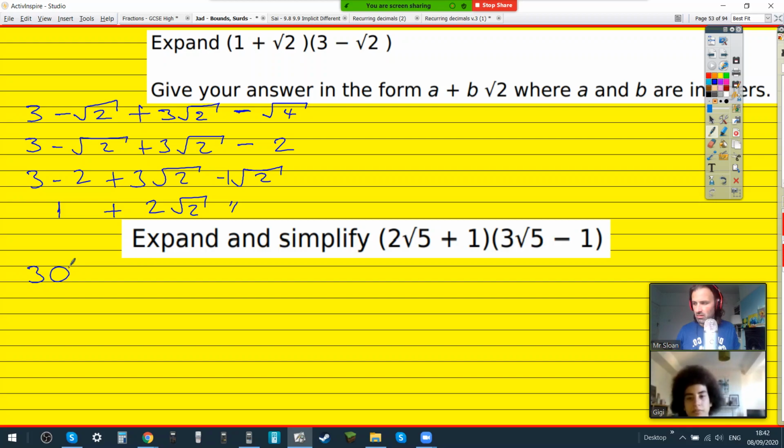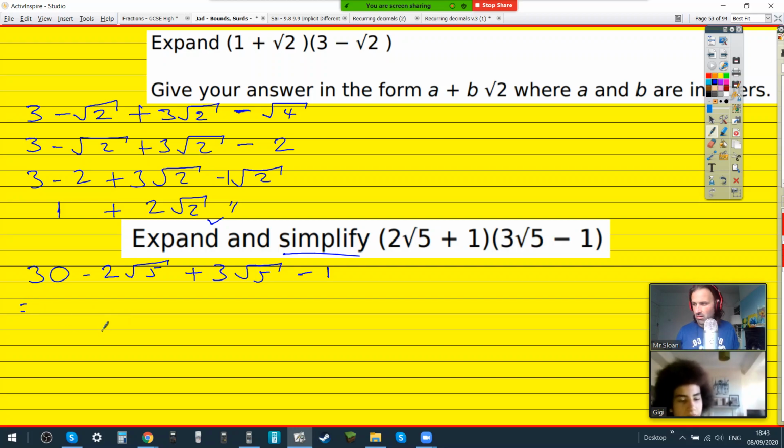And then 2 root 5 times minus 1 would be minus 2 root 5. 1 times 3 root 5 would be 3 root 5. 1 times minus 1 would be minus 1. Okay.